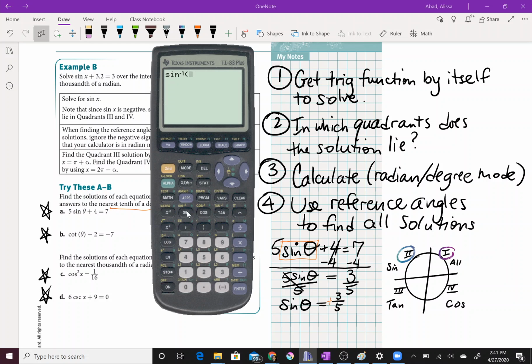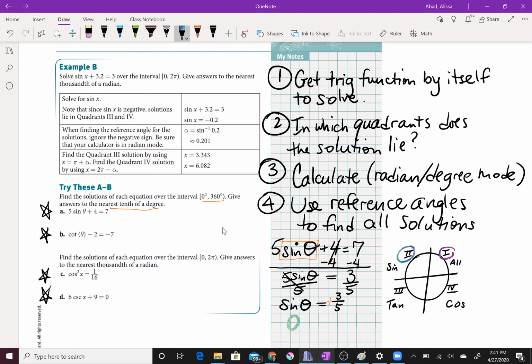So now I have sine inverse of 3 over 5. So let me just note this again. In order to get theta by itself, I need to do sine inverse of 3 over 5 because I'm taking sine inverse on both sides here.